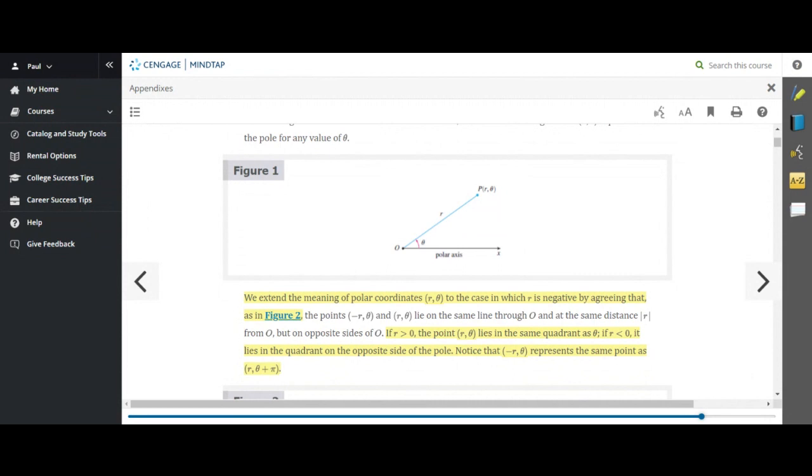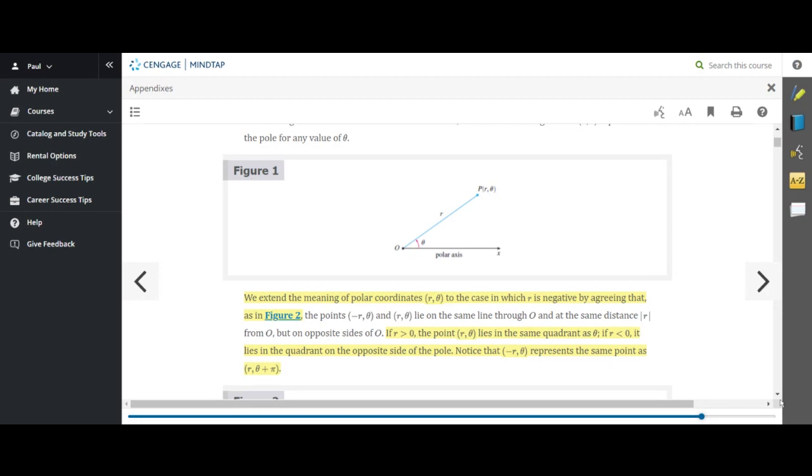Radius, like for circles, is always measured, well, let's just talk about a circle that's centered at the origin. You measure the radius from the origin. It's the same here with the polar coordinate. You measure your radius from the origin. Now, oddly enough, we can also have a negative radius.